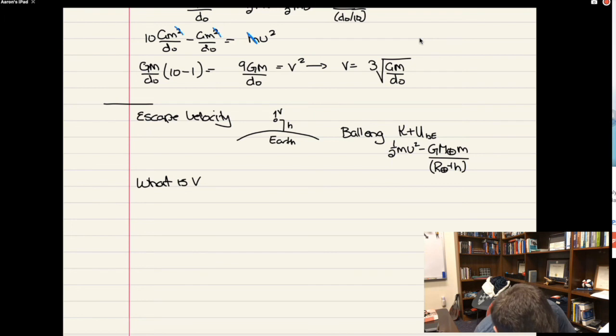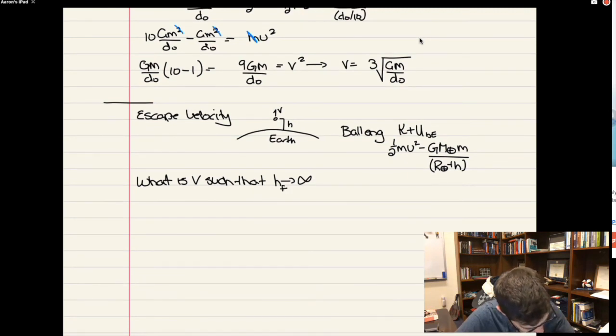So what is v such that, I guess in this sense, h goes to infinity? That it is perfectly okay for h to get larger and larger, and I don't have to worry about the object coming back. Right? I can say this is h final. If it starts at a height h initial.